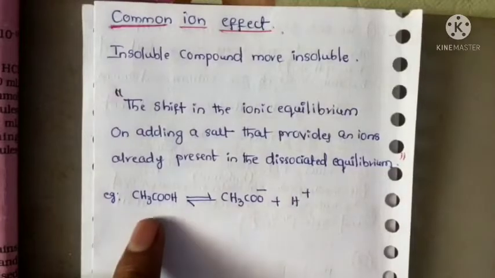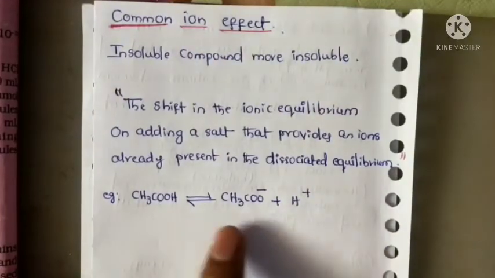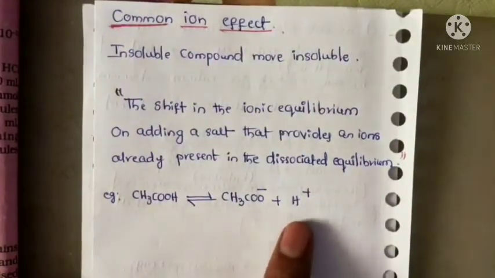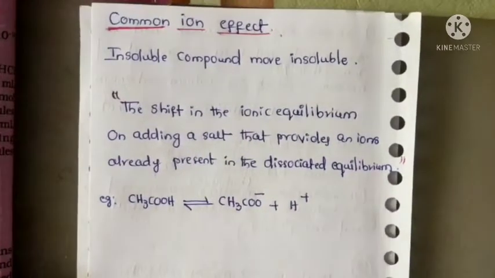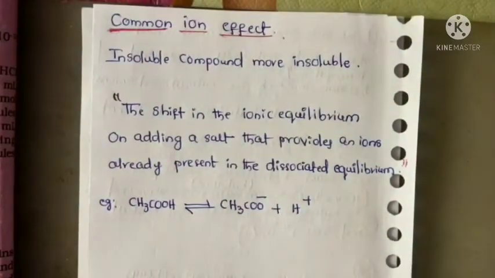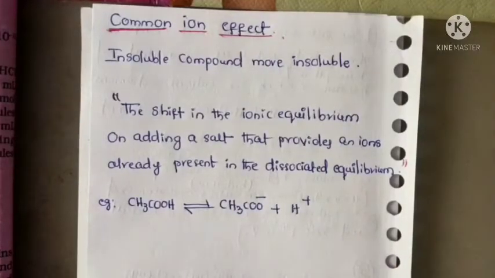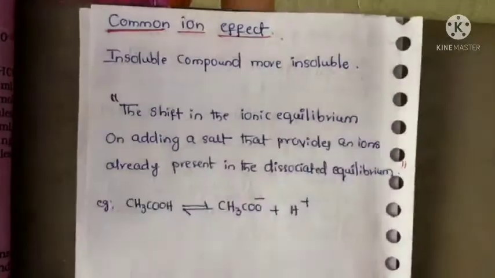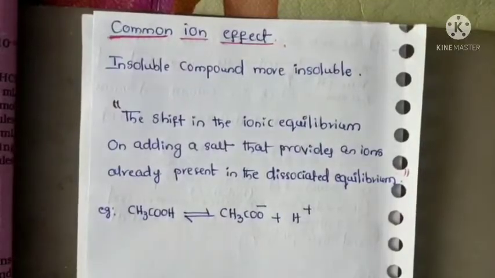Whenever weak acetic acid dissociates, it forms acetate ions and hydrogen ions. This is our example for ionic equilibrium.